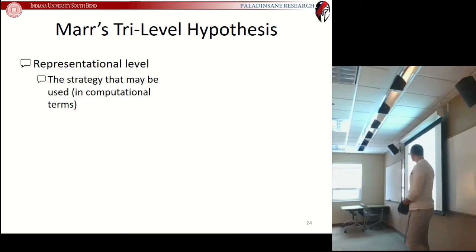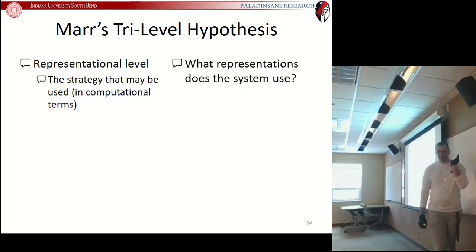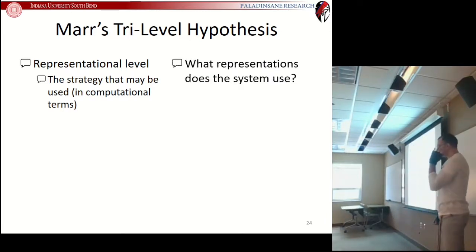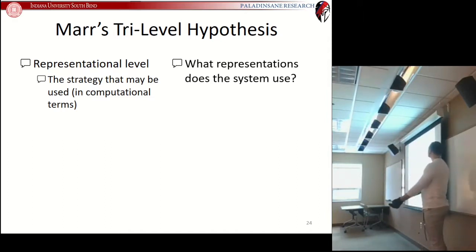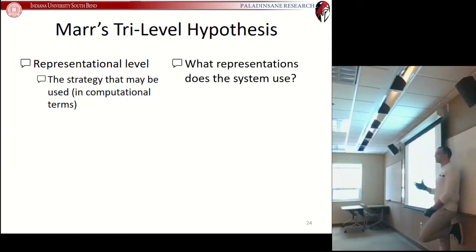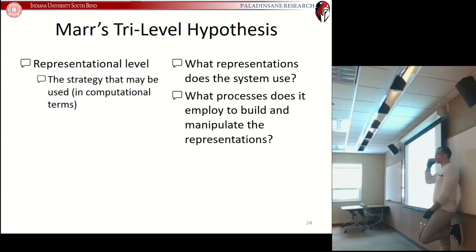All right, so that representation level, that is an extremely challenging level to understand. And the reason is because any system, ours included, can use a variety of representations in order to represent information. So what representations does the system use? We need to know what processes does it use in order to manipulate those representations.